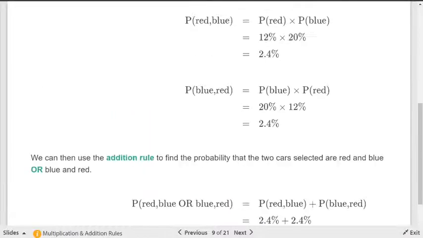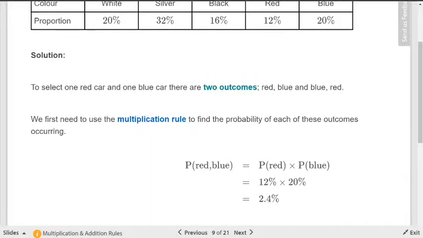Because this really creates an and-or situation. You've got both, because they both work. If you find the probability of one, you also have to find the probability of the opposite direction.